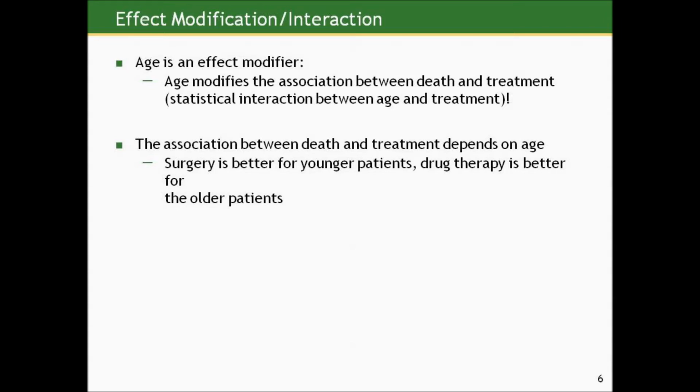If not accounting for sampling variability, but just given our estimates, it appears that surgery is preferable for younger persons and the opposite is true for older. Here the association between death and treatment was not only somewhat masked or obfuscated by age, but it also depends on age. And that's the idea of effect modification or interaction.